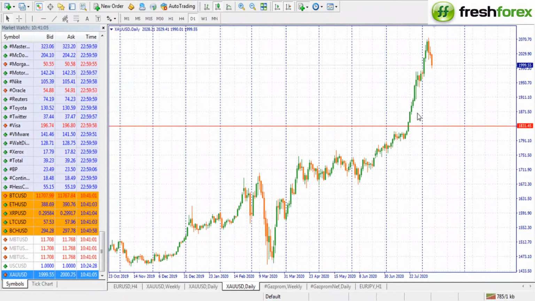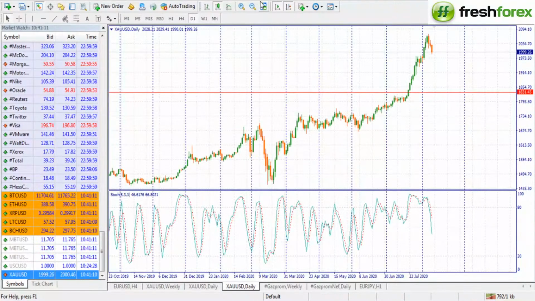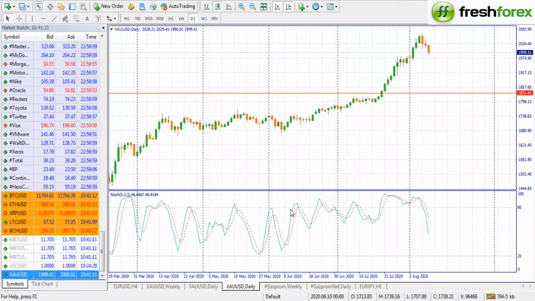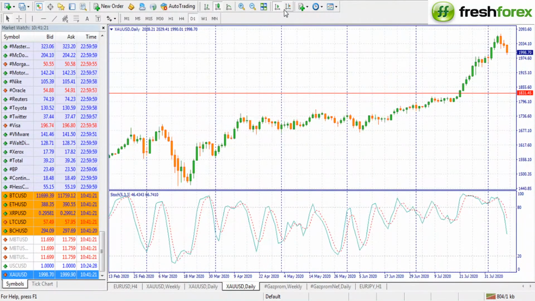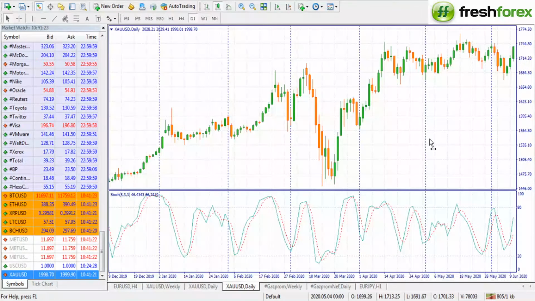Let me explain why. So if you look at stochastic, you'll see exactly what I'm saying. From this point here, the stochastic has been overbought. So from this point, for the longest possible time, you can see that the price has been overbought.